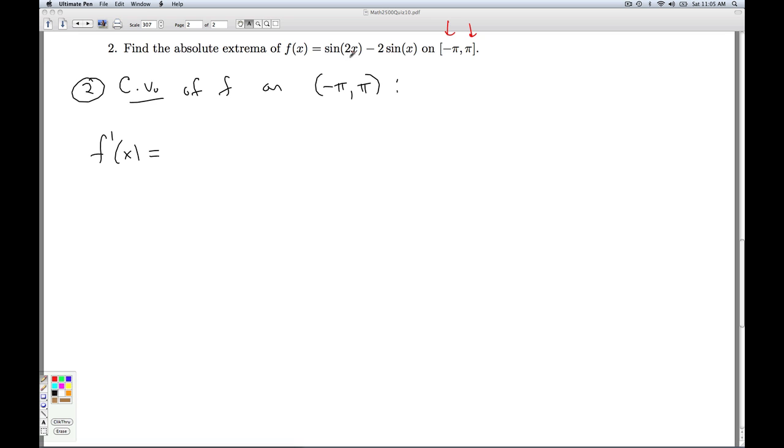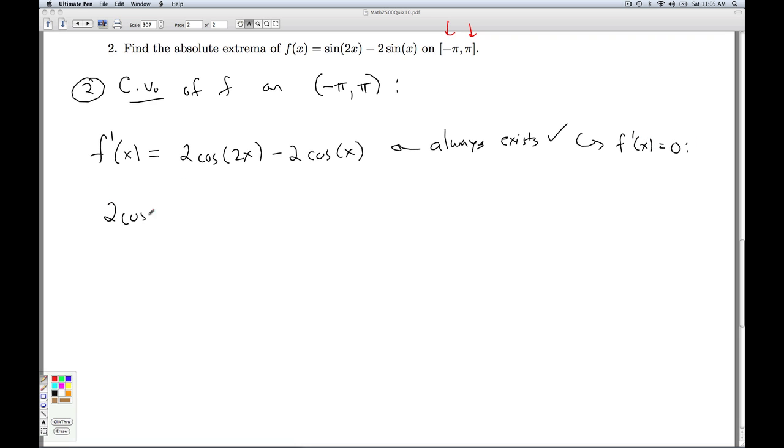The derivative of the function is 2 cosine 2x minus 2 cosine x. This derivative always exists, so we don't have to worry about finding critical values where it fails to exist. So what I do now is set it equal to 0.